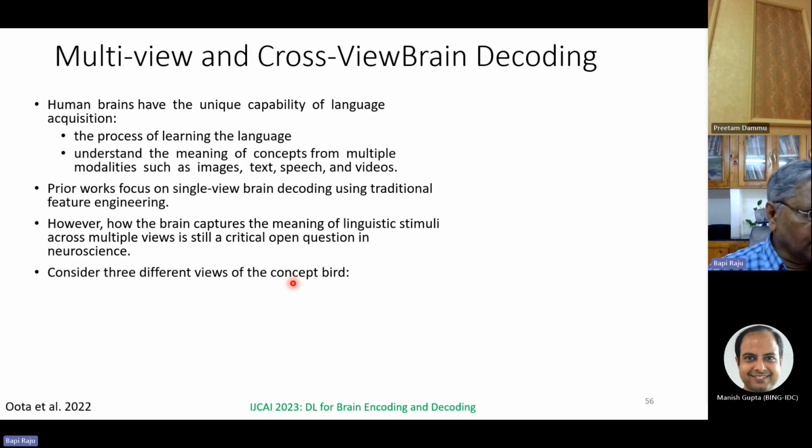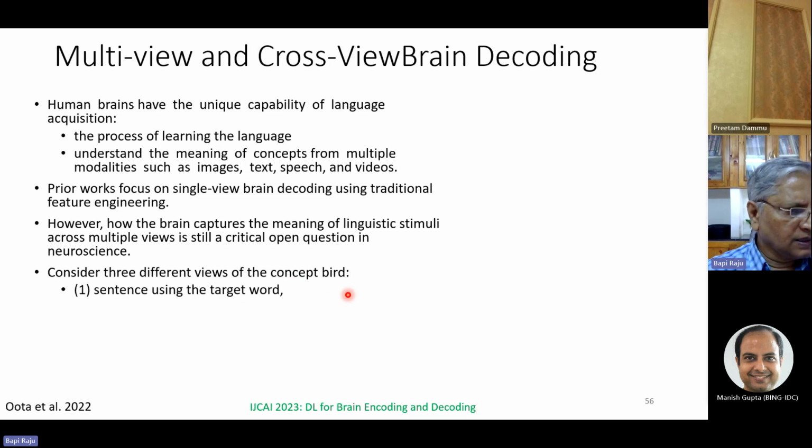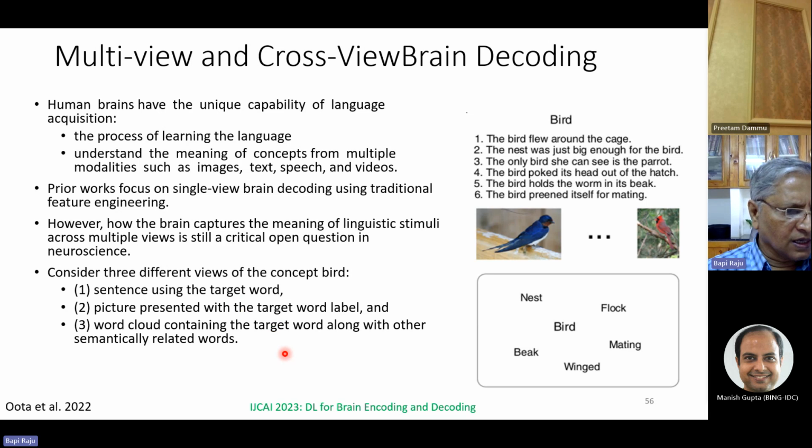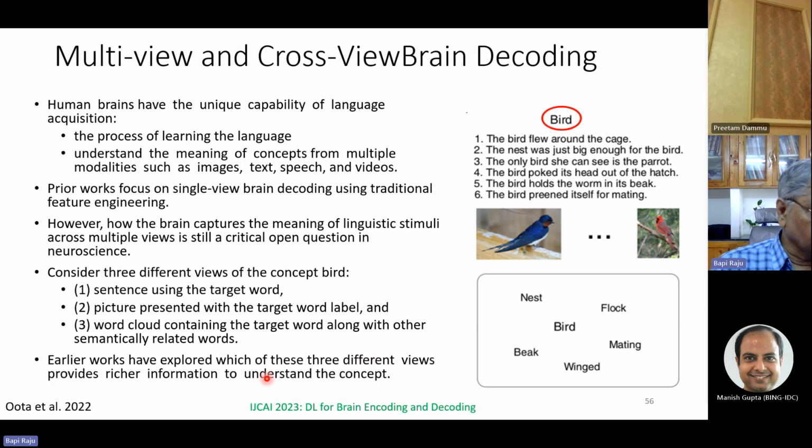These different views of the concept are a word, a sentence that uses this concept, or the picture that depicts that concept, or the word cloud that depicts the meaning with related words surrounding it. Can we use these to go from one view to the other view for this concept?